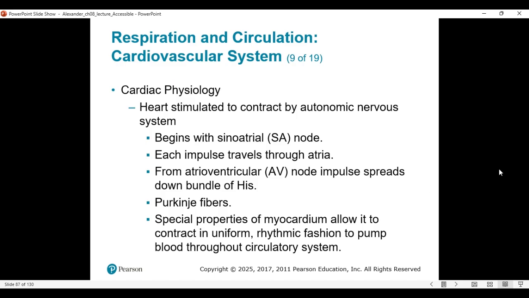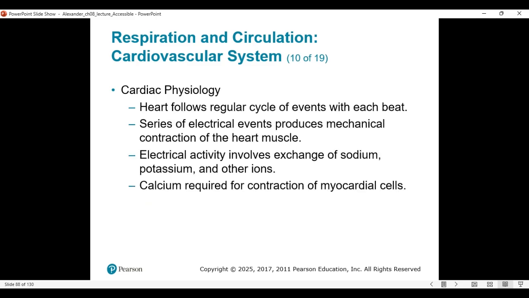The specialized properties of the myocardium, which is the heart muscle, allow it to contract in a uniform, rhythmic fashion to pump blood. The heart follows a regular cycle of events with each beat. The electrical event will cause a mechanical contraction.